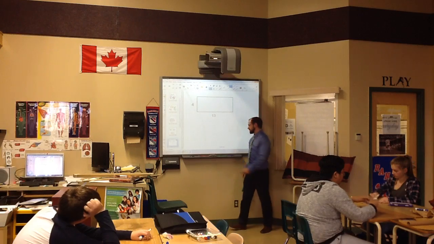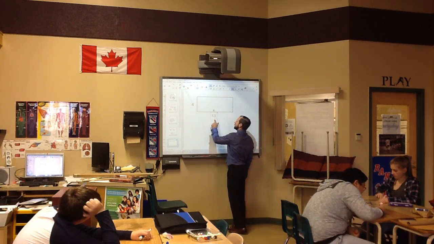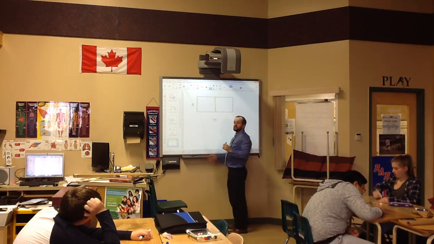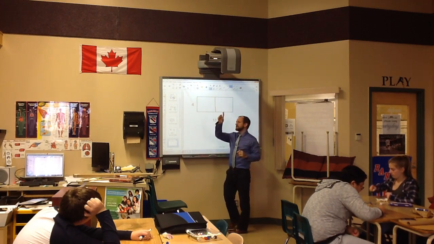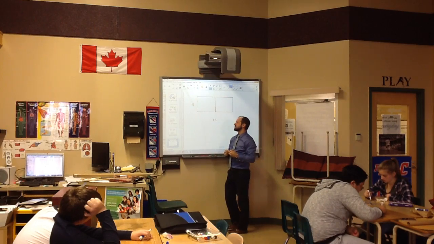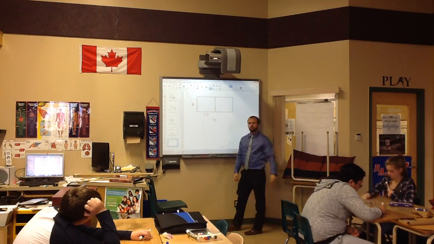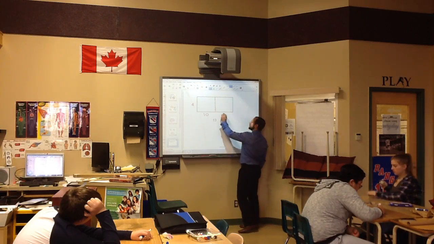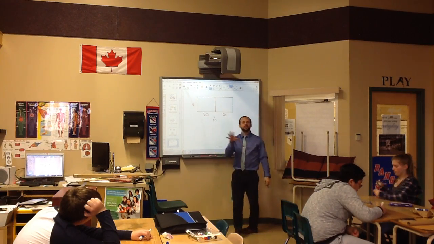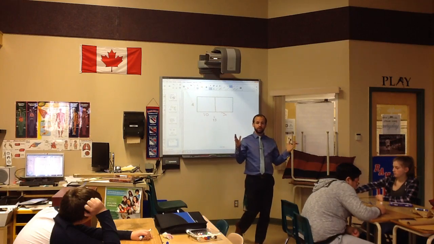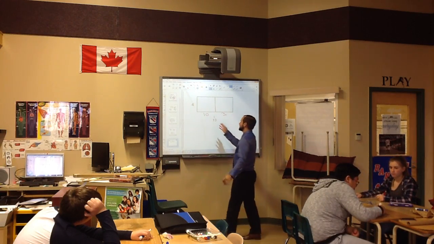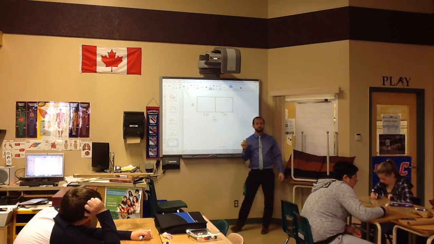But when I look at 13, what two groups do I see? I see 1s and I see 10s. Chad, how many 10s do I have here in 13? I have one group of 10. And how many groups of 1s do I have? I have 3. To make sure that when I split them up it works out evenly, I just have to add 10 plus 3, which gives me 13.